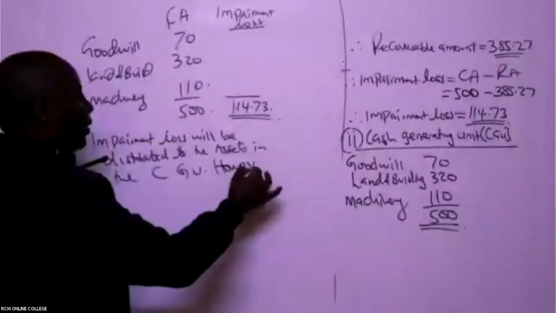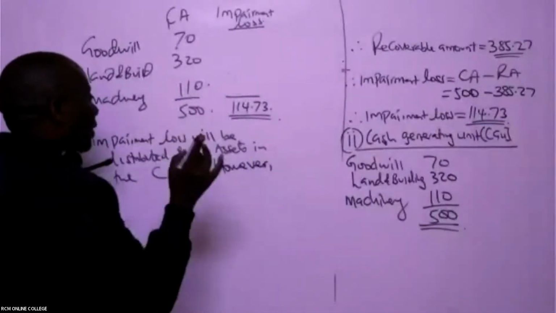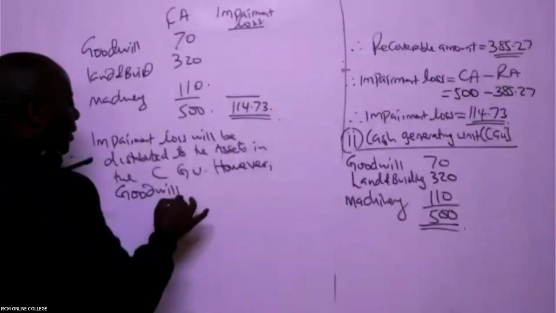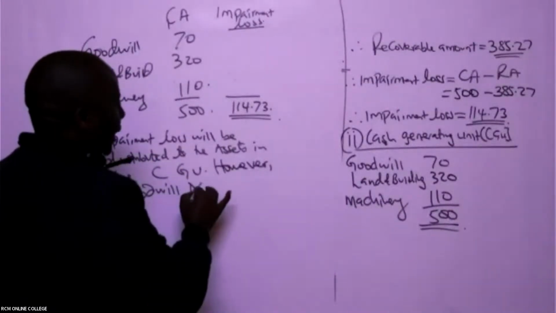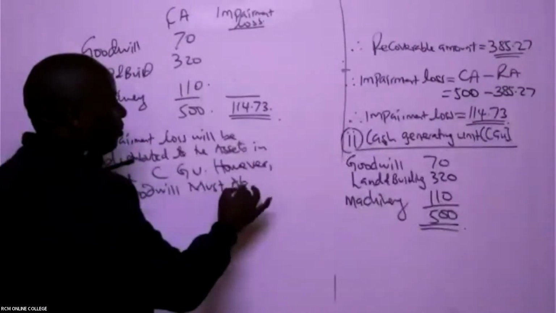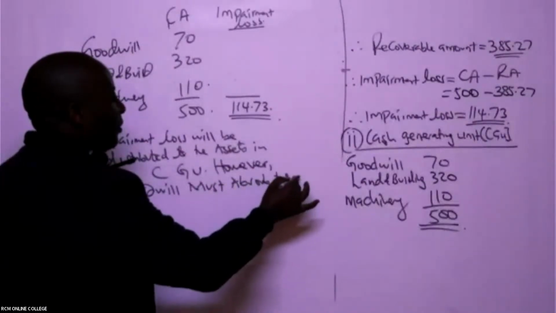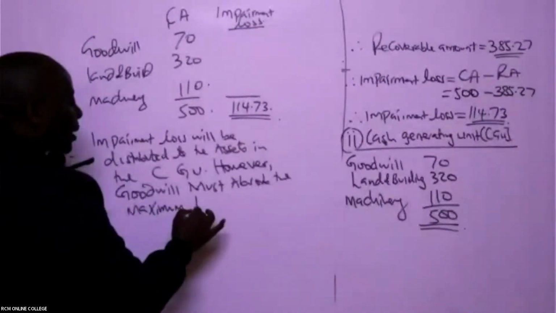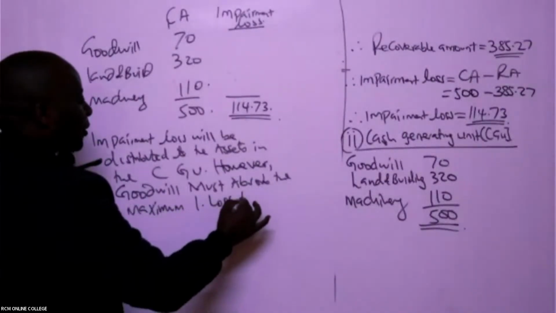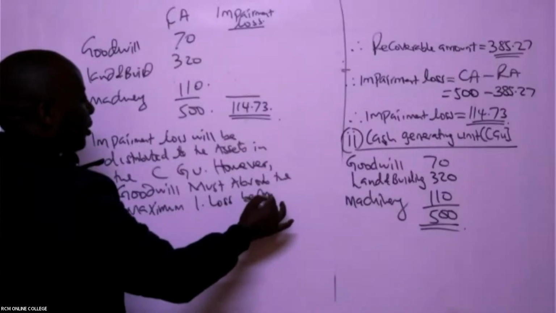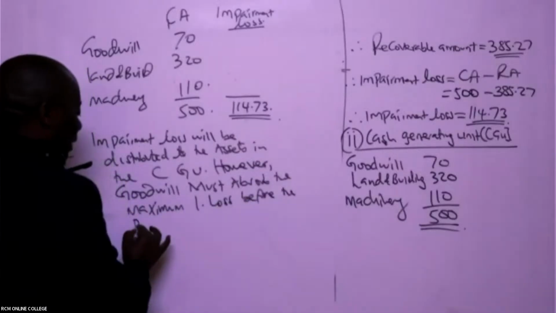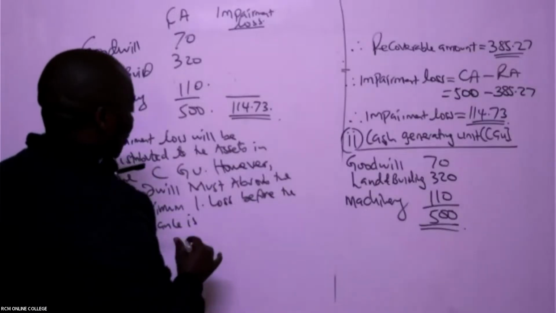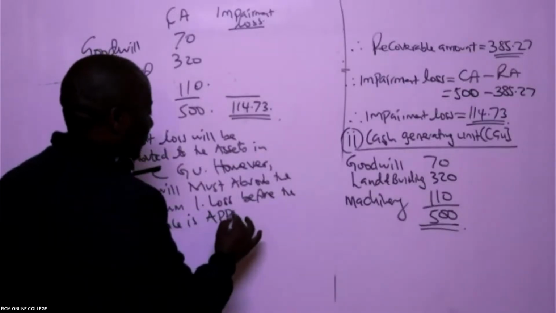However, remember, this is very, very important, that goodwill must absorb the maximum impairment loss before the balance is, in this case here, apportioned to the other assets.